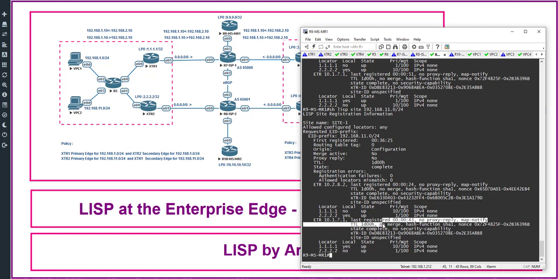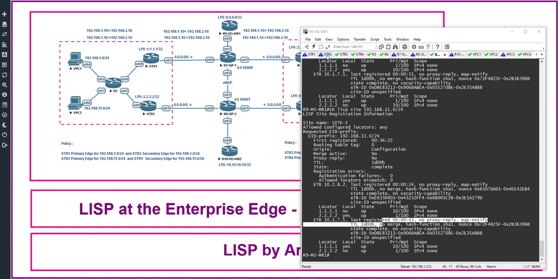It is okay. This means that router 1 has the higher preference for 192.168.10.0, and router 2 has the higher preference for 192.168.11.0, but both of them can work as the secondary router for the other network.